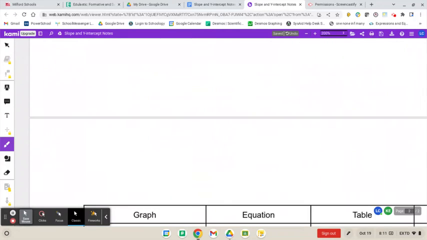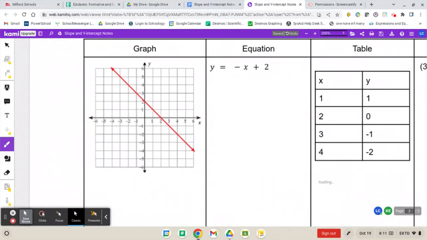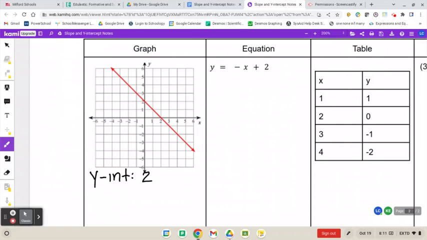So let's go to this one real quick while we're still on the graphs. Here, let me put this in. There we go. Okay, so the y-intercept is 2 because it crosses right here. I always use this as one of my points. And then we can use this right here because it crosses really nicely.